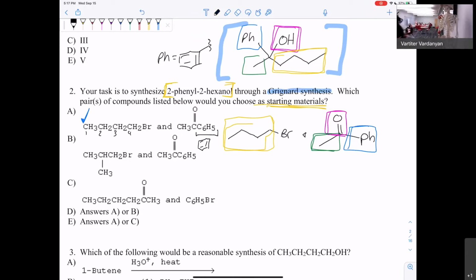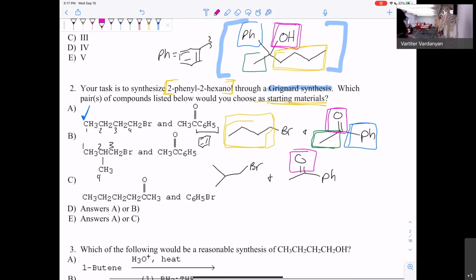The next set has 1, 2, 3, 4. So that looks like this. And then we have this. Now we have our OH piece, we have our methyl piece, and we have our phenyl piece. But do we have our 4-carbon straight chain piece?